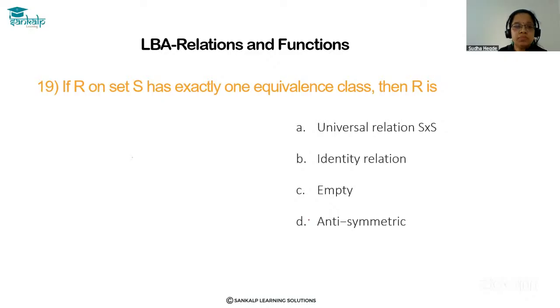Hello everyone. Take the question. If R on set S has exactly one equivalence class, then R is option A, universal relation S cross S, option B, identity relation, option C, empty, option D, anti-symmetric.